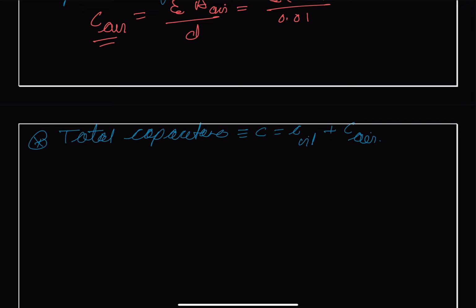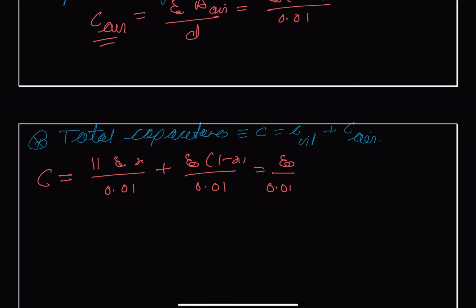So we substitute it, we get C equal to 11 epsilon naught times x divided by 0.01 plus epsilon naught times 1 minus x divided by 0.01. We can take things as common, that is epsilon naught upon 0.01, and we are left with 11x plus 1 minus x.